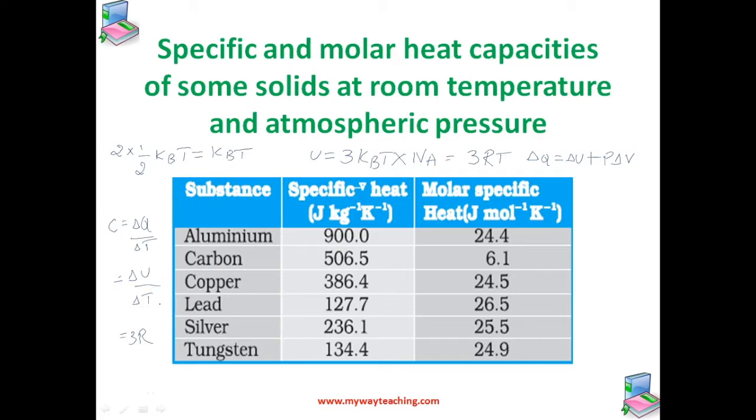So as you can see in this table, the experimentally measured values generally agree with the predicted value 3R at ordinary temperatures. The agreement is known to break down at low temperatures. At ordinary temperatures, that is true.